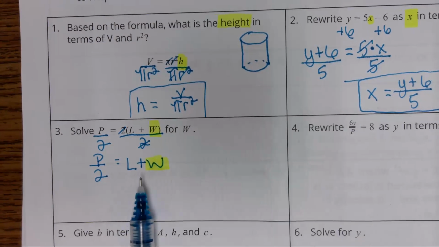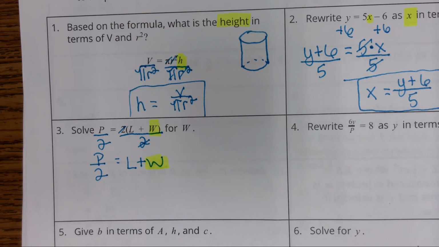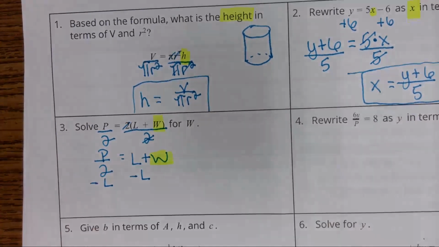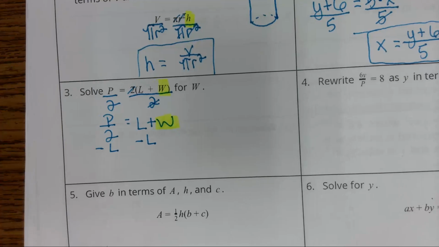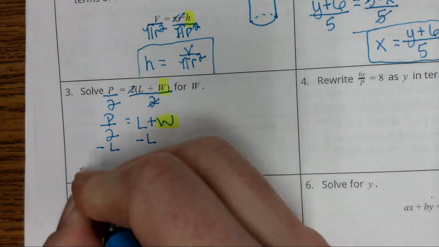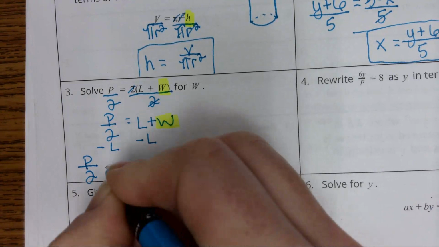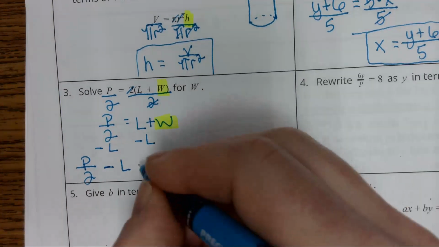How do I undo addition? Subtraction. All right, it looks kind of like a mess, but I'm just going to have to leave it. So basically what this means, this is P for perimeter. The perimeter divided by 2 minus the length equals the width.